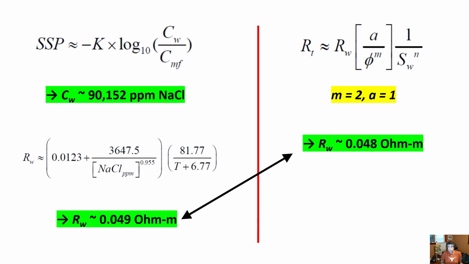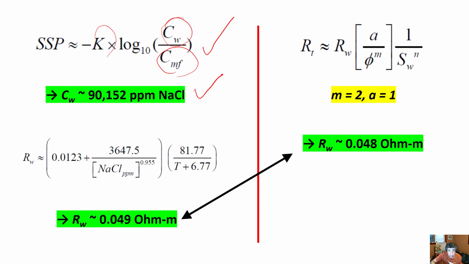Now, I go to the next one. I'm going to do the calculations based on the two methods, the resistivity and the SSP. So the formula for the SSP, that's Nernst's formula, from the CMF that I calculated before, equivalent sodium chloride concentration, and this is a constant of 71. I solved this equation for CW, and I find that I have approximately 90,000 parts per million of sodium chloride equivalent.